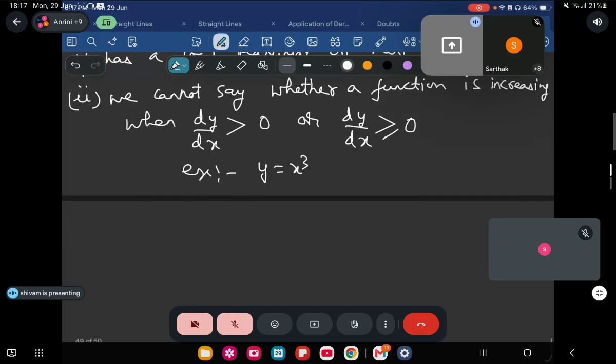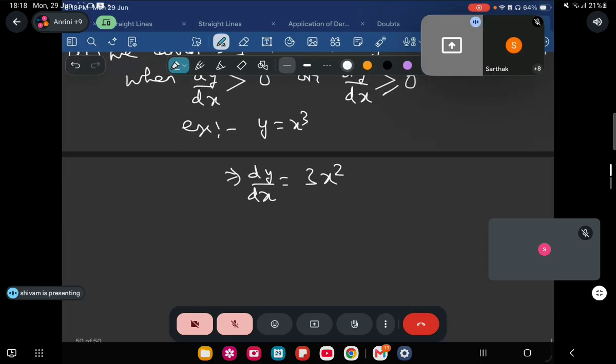This implies dy by dx is equal to 3x square. So everyone, 3x square is greater than 0. Where is it greater than 0, everyone? Tell me. This implies x belongs to what? What is the solution of this inequality?